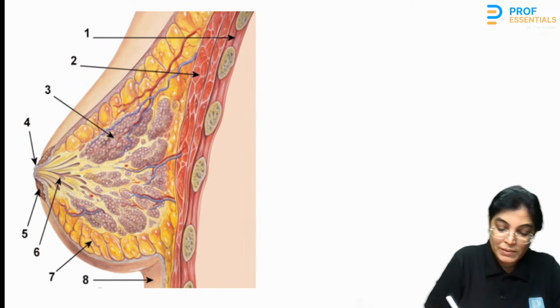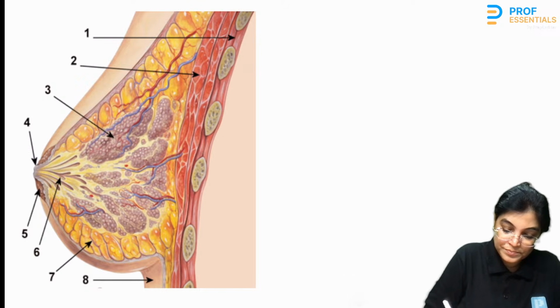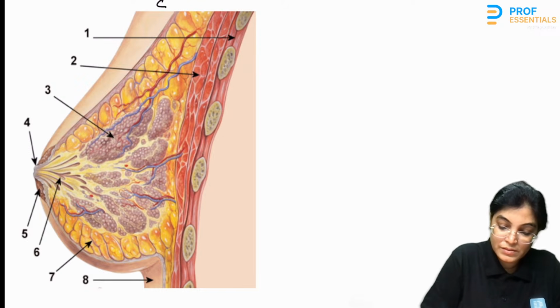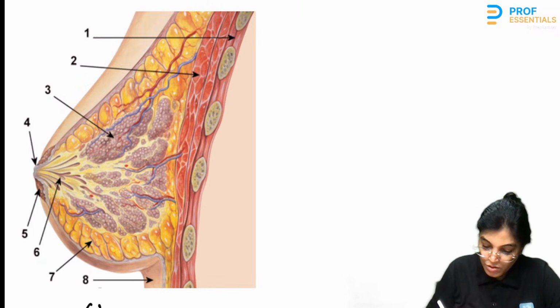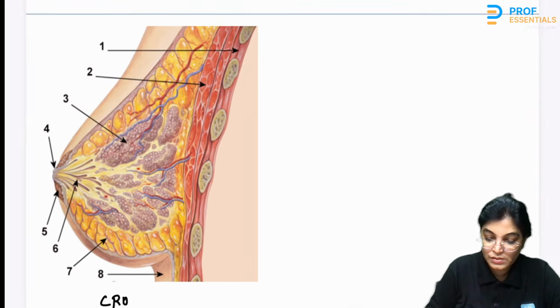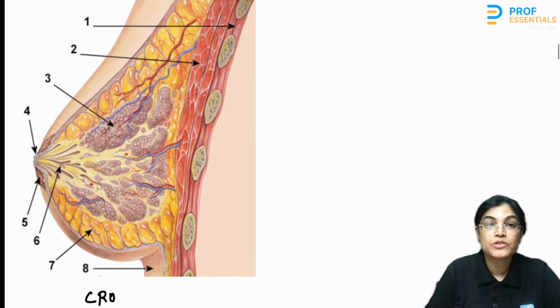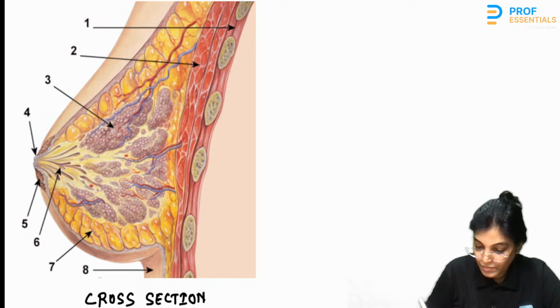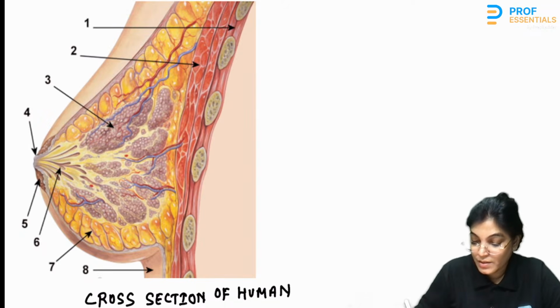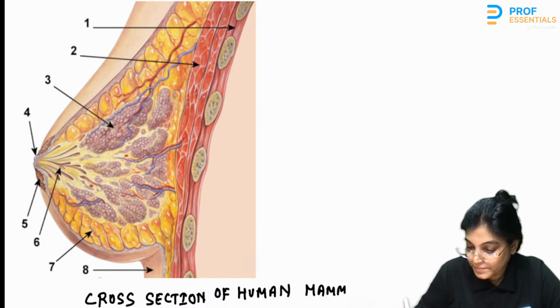So I would like to label it here. Let me write it. This image is showing the cross section of human mammary gland.